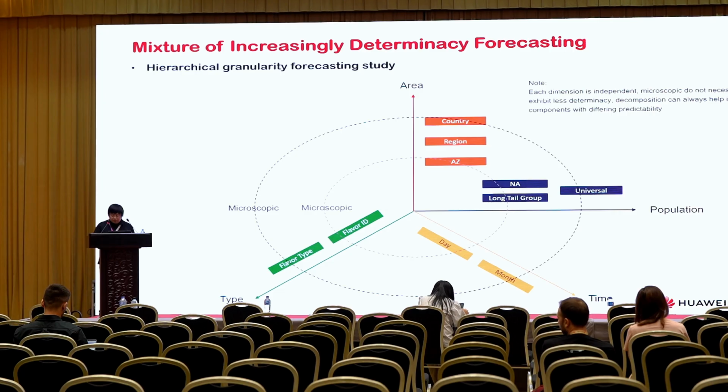That's why decomposition can always help identify components with differing predictability. In fact, some individual long-time subscription customers exhibit extremely stable usage patterns, making their forecasts more reliable than those of aggregates mixed with other more volatile customers.